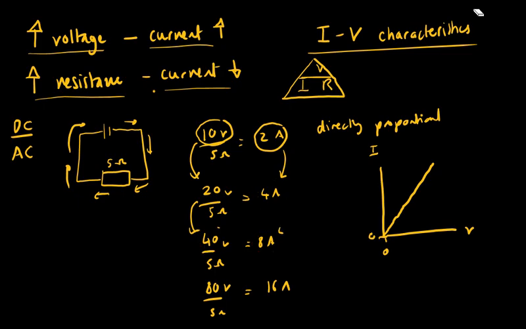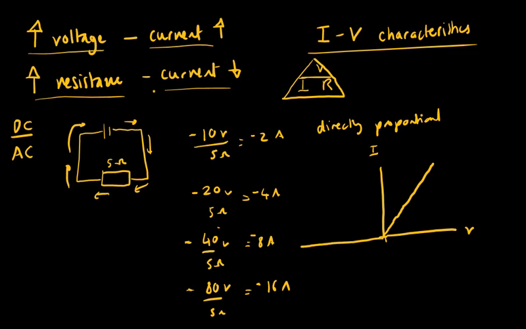So if the voltage goes into minus numbers, we could have a similar concept. If I had minus 10 volts in the opposite direction divided by 5, that would give me a current of minus 2. Minus 20 volts would give me a current of minus 4, minus 40 volts, minus 8, minus 80 volts, minus 16. So it's essentially the same idea, but we're just using negative numbers to show that the current is going in the opposite direction.